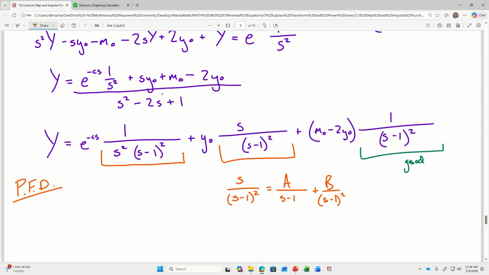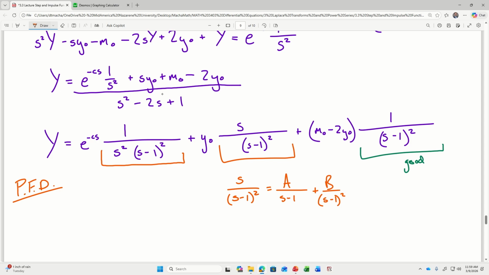And you would only end up with constants in the numerator after that. You would actually get rid of the s here through partial fraction decomposition. The one over on the right is good because I already have just a constant over s minus 1 squared. And so if I tried to set up this partial fraction decomposition, b would be 1 and a would be 0. But in the case where I have an s in the numerator, it's not the same.